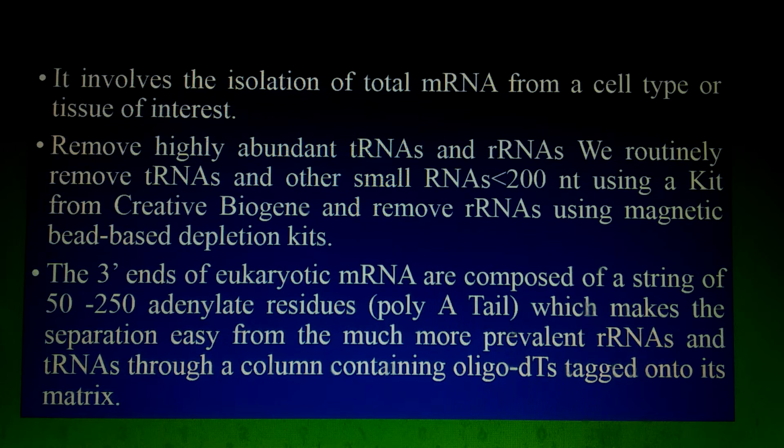As we are familiar, messenger RNA has a poly-A tail composed of strings of 50 to 250 adenylate residues. This poly-A tail is absent in the ribosomal and transfer RNA. So messenger RNA can easily be separated from both ribosomal and transfer RNA because of the presence of the poly-A tail, by using the oligo-dT tag.